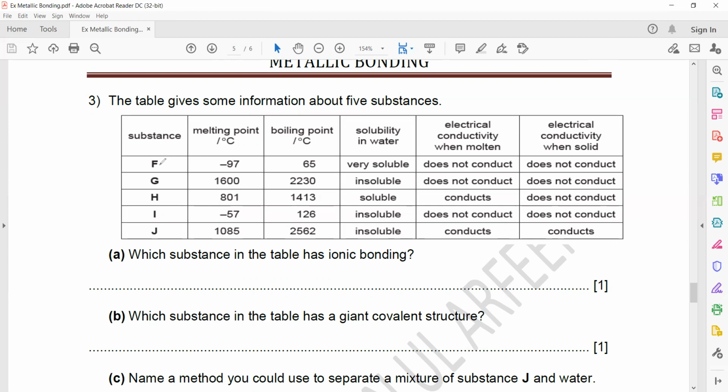To work out the type of substance, we first identify the state at room temperature, which is about 25. Substance F: 25 comes between the melting and boiling point, so it will be a liquid. Substance G: 25 comes before the melting point, so it will be a solid. Substance H is solid, this one is liquid, and this one is also solid.